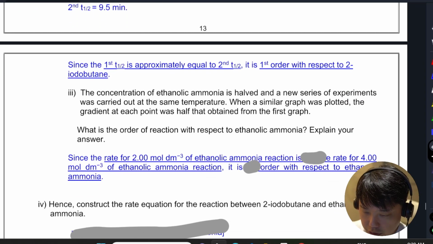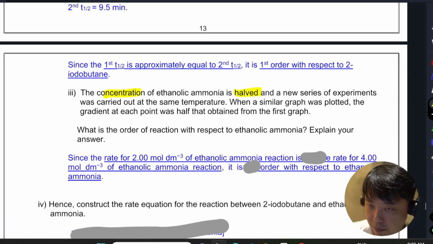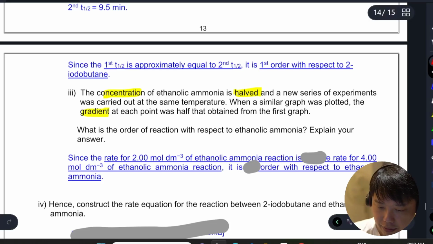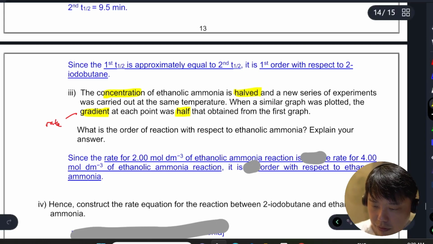If the concentration of the ammonia is halved, in a new series of experiments carried out, they say the gradient at each point was halved as well. So if the concentration of your ammonia, which is your nucleophile, is halved, then the gradient, which means that the rate, is halved as well.